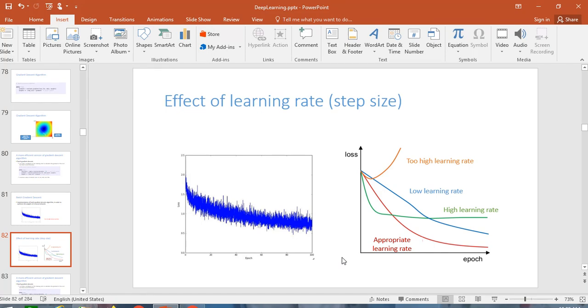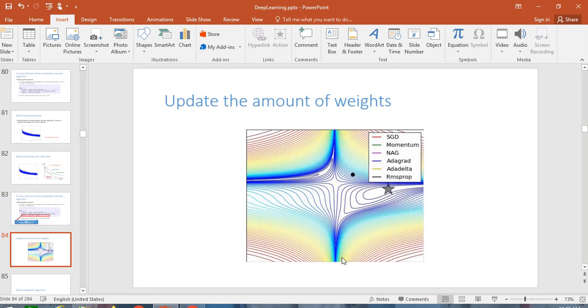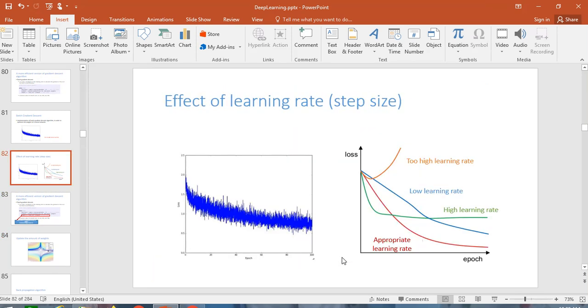If alpha is large, we have a significant decrease very soon, but it gets stuck at this point. That is, we reached a local optimal point, and if it is too big, we don't have a decrease at all, and the loss increases.